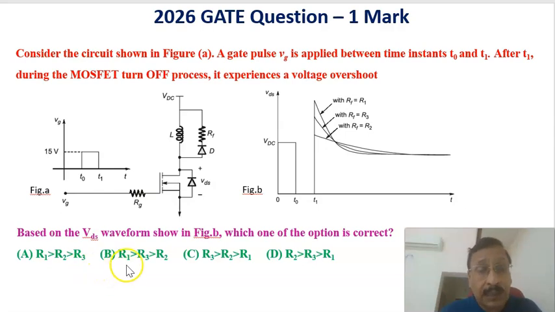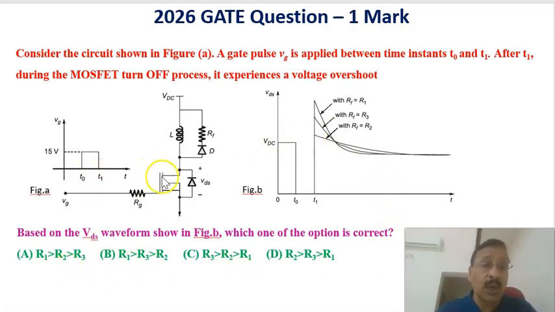Option B says R1 is more than R3, which is more than R2. Option C says R3 is more than R2, which is more than R1. Option D says R2 is more than R3, which is more than R1. Out of these options, which is correct?